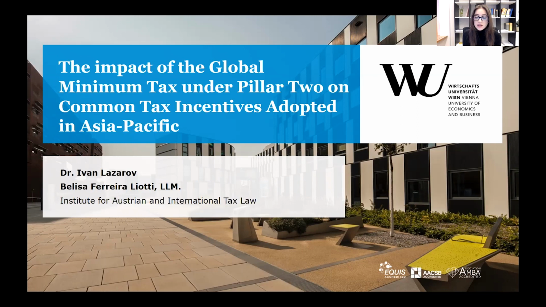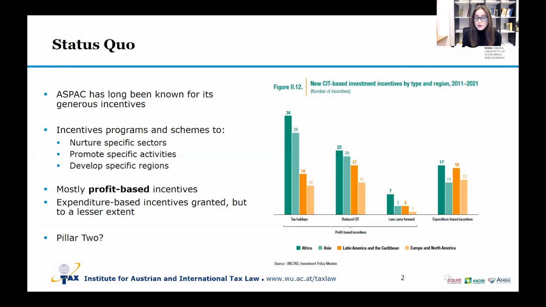Now I will present the impact of Pillar 2 on tax incentives for the Asia-Pacific region, and Ivan will propose some policy responses and perhaps some alternative solutions to this impact for the region. To begin with, we are well aware that jurisdictions in the Asia-Pacific have long been known for an extensive range of tax concessions, which tend to take more the form of income and profit-based tax incentives than expenditure-based incentives.